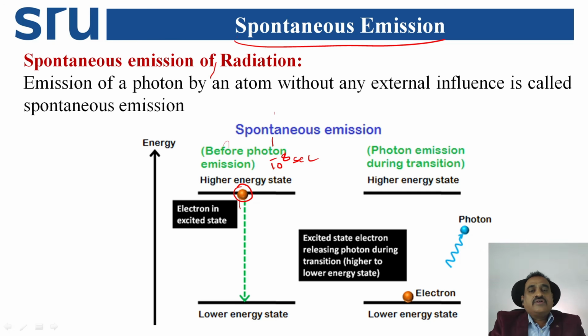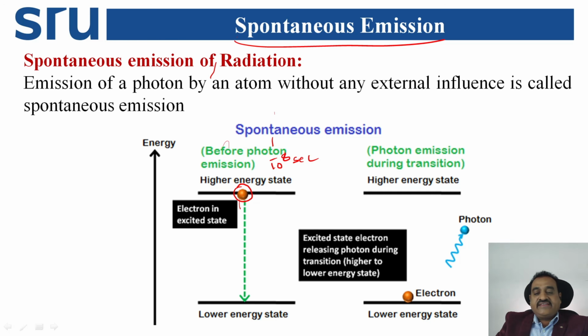Try to understand here, the excited atom in the higher energy level can stay up to 10 to the power minus 8 seconds. After that, the excited atom tends to return to the ground state or lower energy level by itself, emitting a photon of energy.